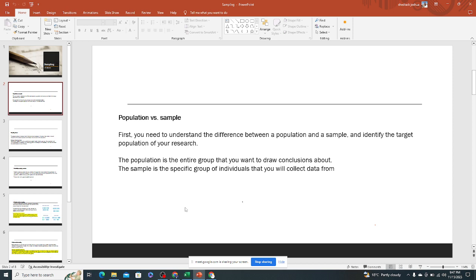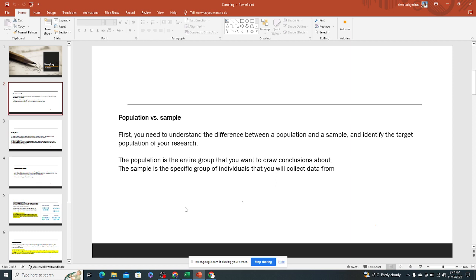Of course, I had discussed population and sample. Population is the entire group you are trying to study. Let's say you are in a company with a population of 90,000 people. That is our population. Then we have a sample.